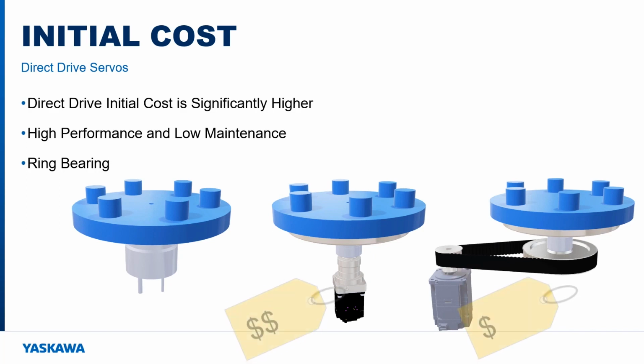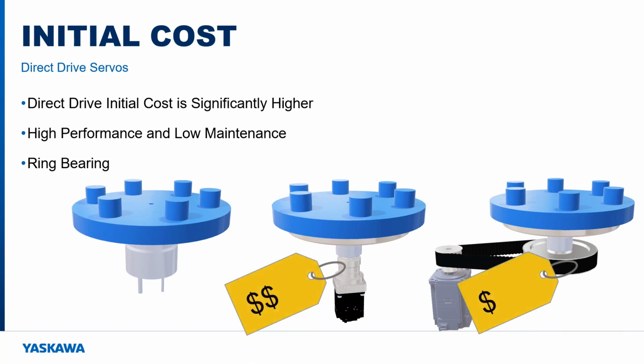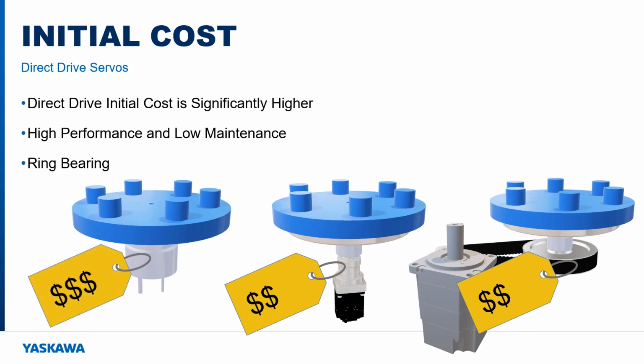A belt and pulley transmission costs significantly less than a gearbox, but the maximum reduction is about 3 to 1. This means that an application with low speed and high torque will require a significantly larger and more expensive servo motor and amplifier. The initial cost of a direct drive motor is still significantly higher than either of these transmission-based alternatives.